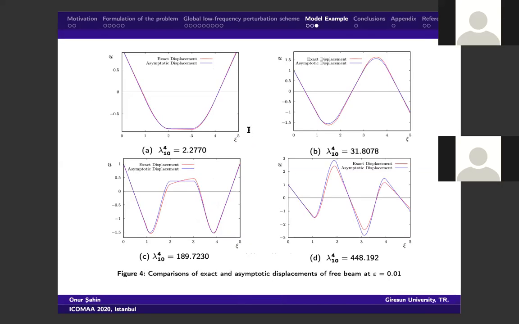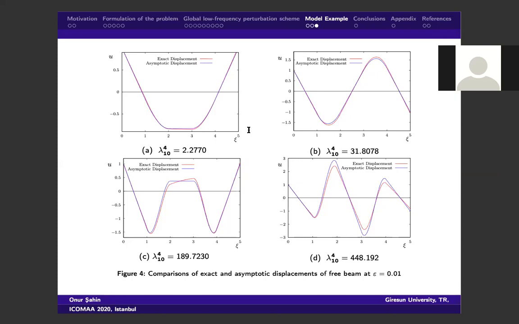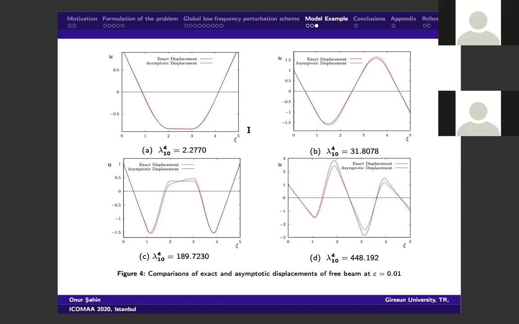And here the exact and asymptotic displacements are demonstrated for the corresponding frequencies, and it can again be easily seen from all these figures that the asymptotic solution presents quite a good approximation to the exact one.